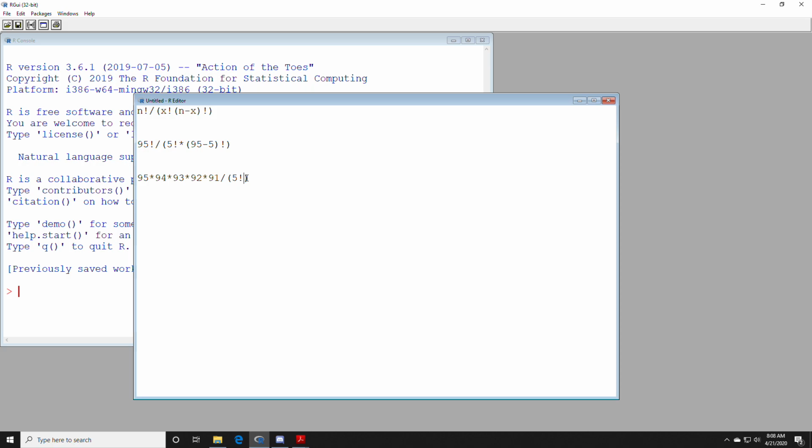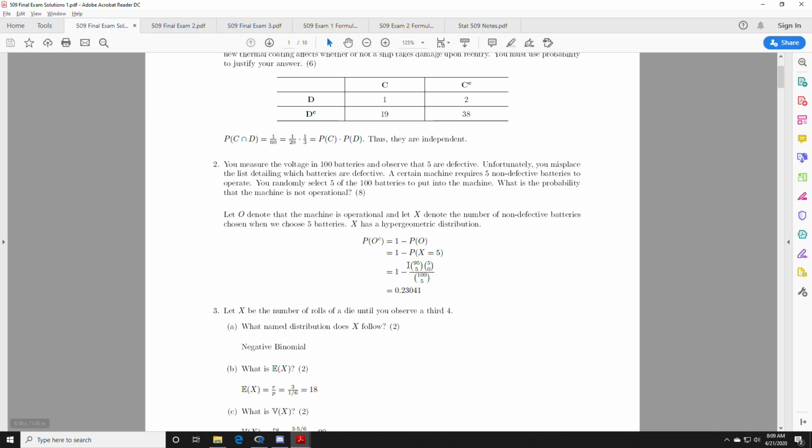And of course, simplifying 5 factorial, 5 times 4 times 3 times 2 times 1. So now we just have to plug this in: 95 times 94 times 93 times 92 times 91, divided by 5 times 4 times 3 times 2 times 1, making sure you put parentheses so that you're dividing by all of this. And so it's relatively easy to put that in a calculator, even if you don't know the factorial function. Okay, and so that's how we get the first.